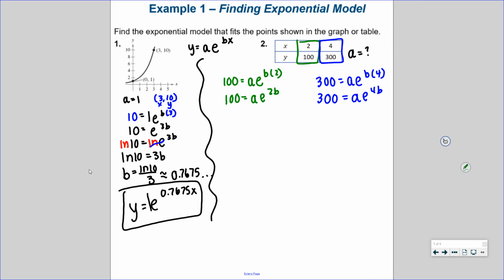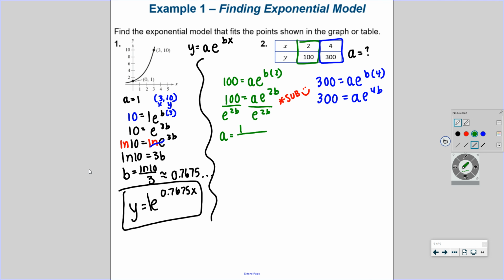So we're going to do a little classic substitution. To solve this equation for A, we'll divide both sides by e to the 2b. So A is 100 divided by e to the 2b. It doesn't matter which one you solve for A. It just works out a little nicer to do my first one.